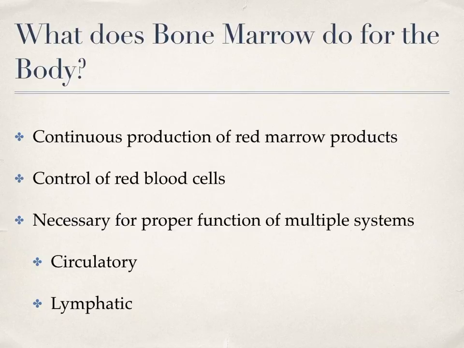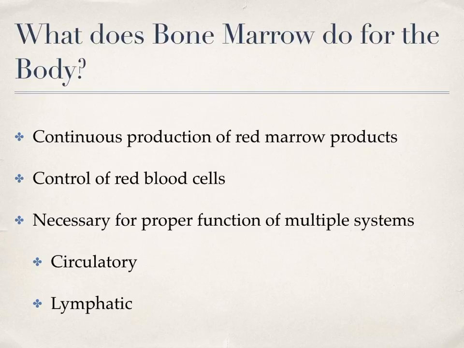So in some type of event, such as anemia, you would have the kidneys stimulate the production of EPO, and that production would stimulate more production of red blood cells. Similarly, in the presence of infection, more white cells would be produced, and with bleeding, more platelets would be produced.